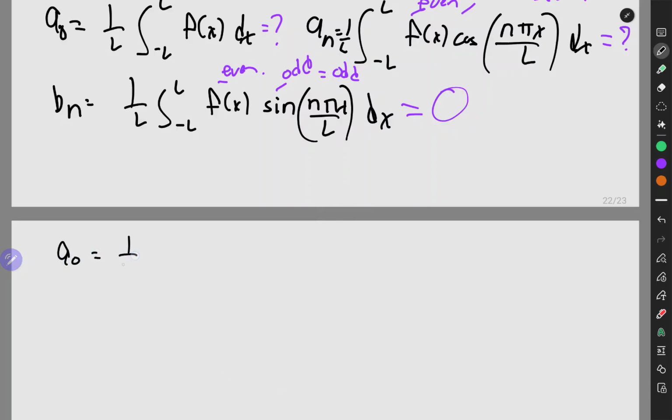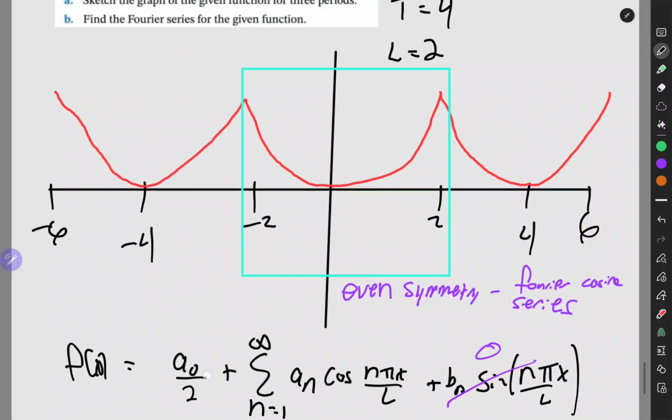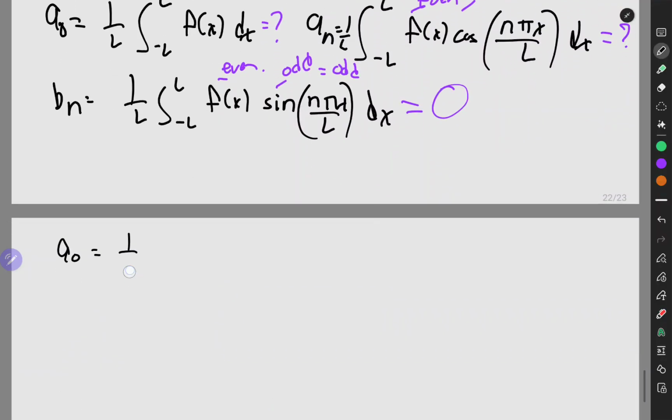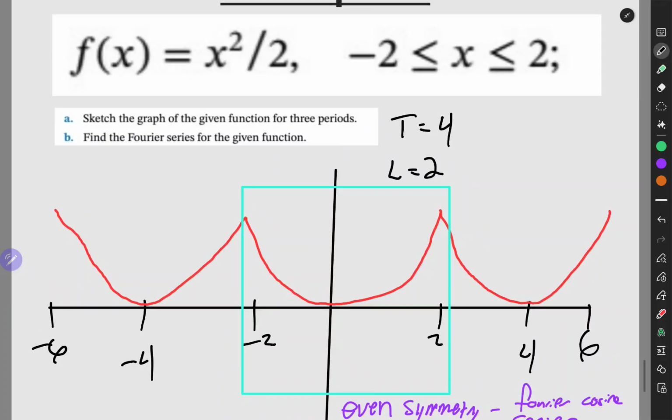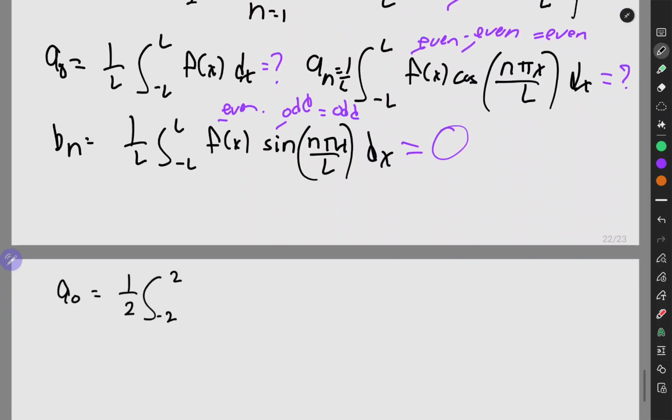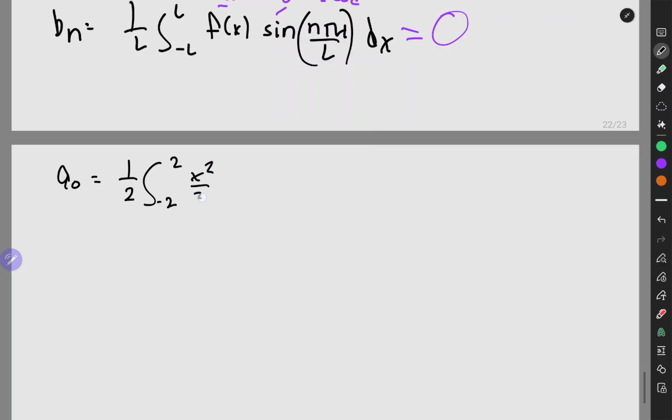So, a sub naught. Our length is 2. Oh, this problem's so nice. I only have one integral instead of 2. Okay, x squared over 2. That's a nice break from those piecewise ones.